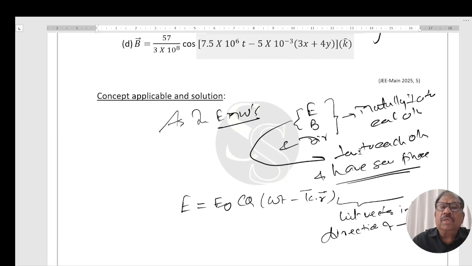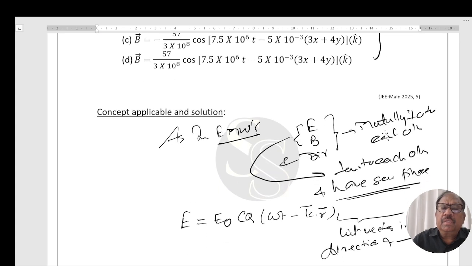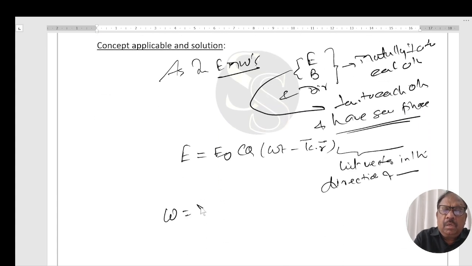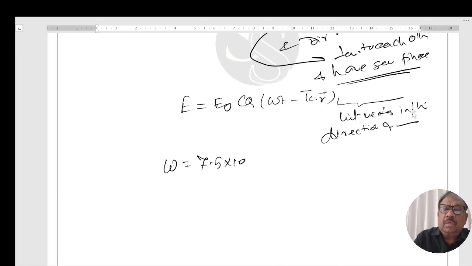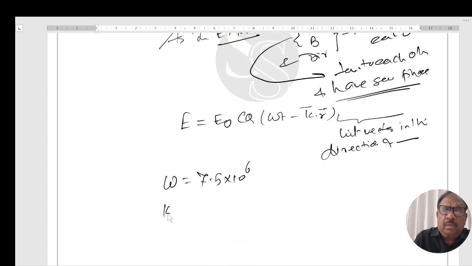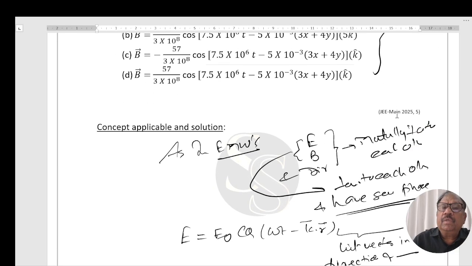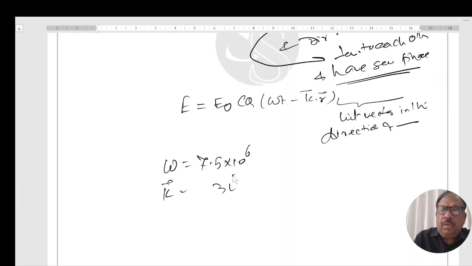This is this one. In this case, omega is 7.5 into 10 to the power 6 radian per second, right? And k dot r, the k vector will be equal to 3i plus 4j, and r is xi plus yj.